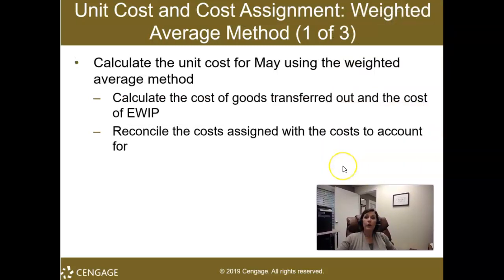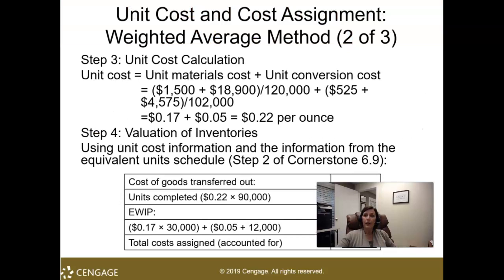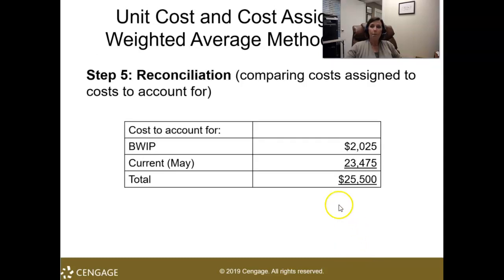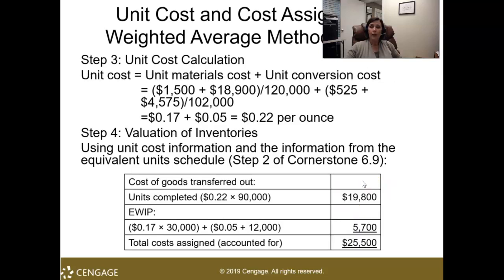So now we're going to look at our unit cost. And the math for this is the same as the math that we did before. We're now just dealing with different units. We've spent the same amount of money to get to this point. The answer is that the weighted average and FIFO are going to allocate these costs differently because we're now dealing with different equivalent units. So again, still the same total costs.